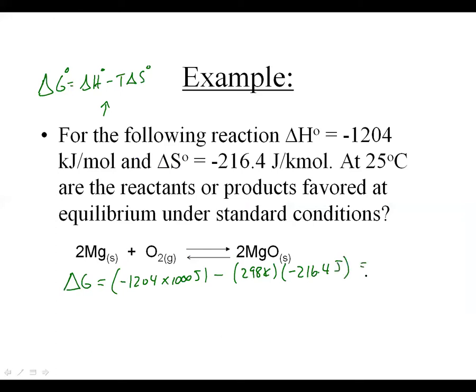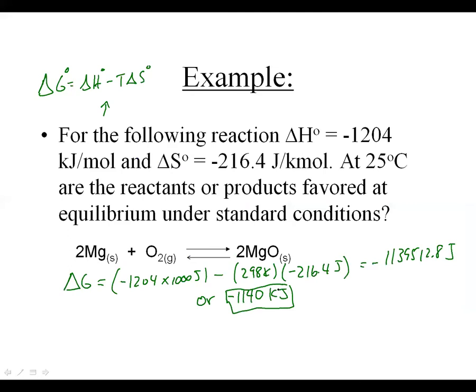And if we do all that, it looks like we end up with minus 1139512.8 joules. Delta G is usually in kilojoules, so we divide by 1,000, and we'll end up with minus 1,140 kilojoules.